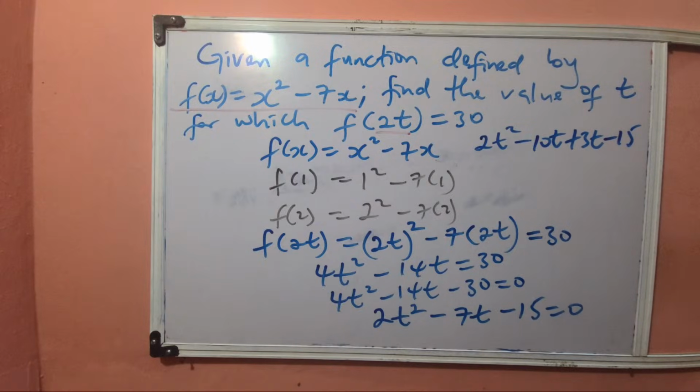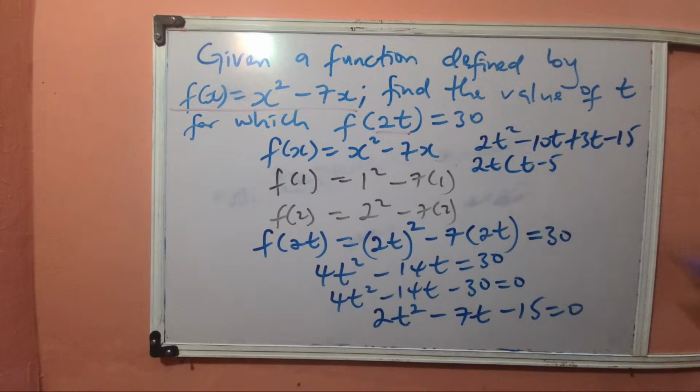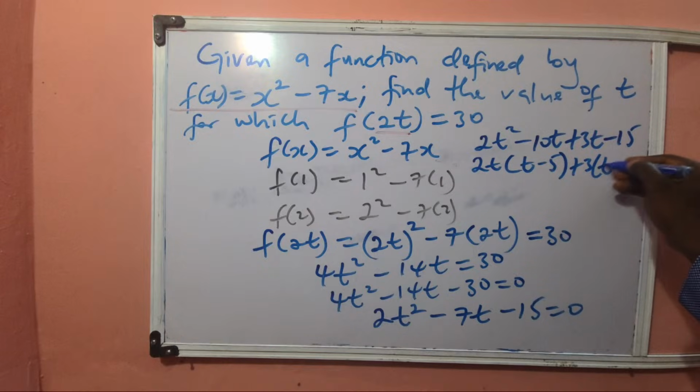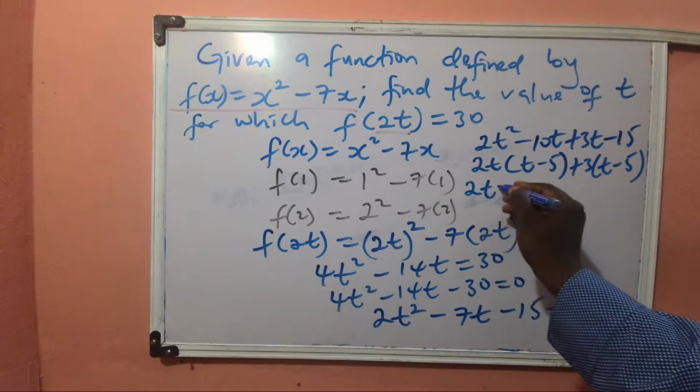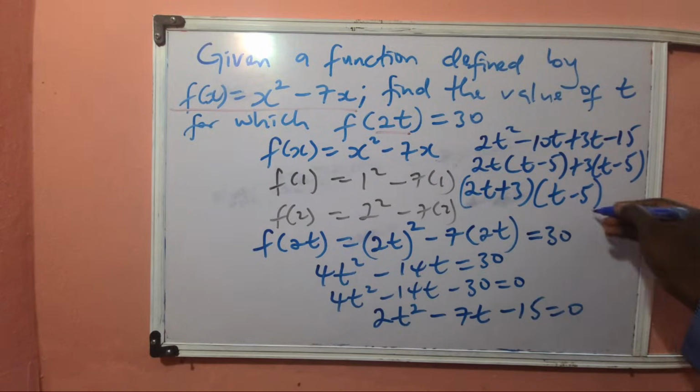Now, if you go on to make your factorization, you'll have 2t into t minus 5 plus 3 into t minus 5. We have 2t plus 3, and we have t minus 5, everything is equal to 0.